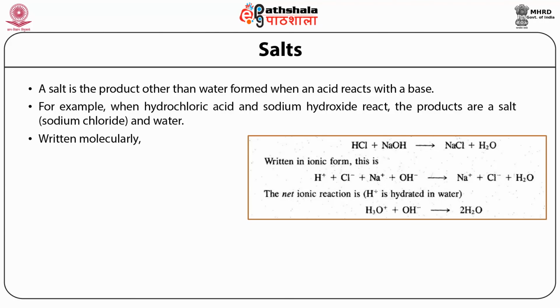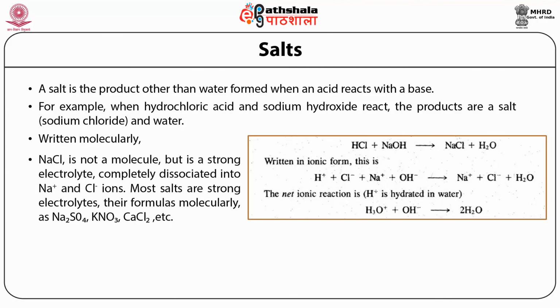The net ionic reaction is that hydrogen ion is hydrated in water, so the hydronium ion H3O+ plus OH- equals 2H2O. NaCl is not a molecule but a strong electrolyte, completely dissociated into sodium ion and chloride ion.